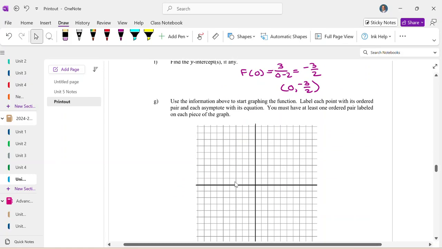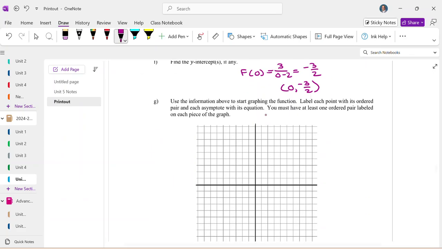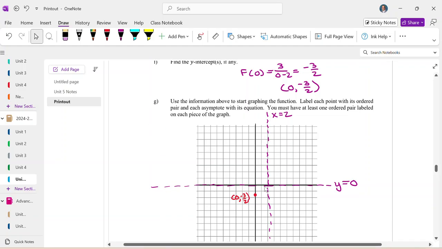Right? So now we know that there is a vertical asymptote at x equals 2. Horizontal asymptote is the x-axis. I'll just put a dotted line over it. Then we know there is no x-intercept, but the y-intercept is 0 and negative 3 halves. So here's 0. Now notice we only have a point on this side of the vertical asymptote. We need one over here.